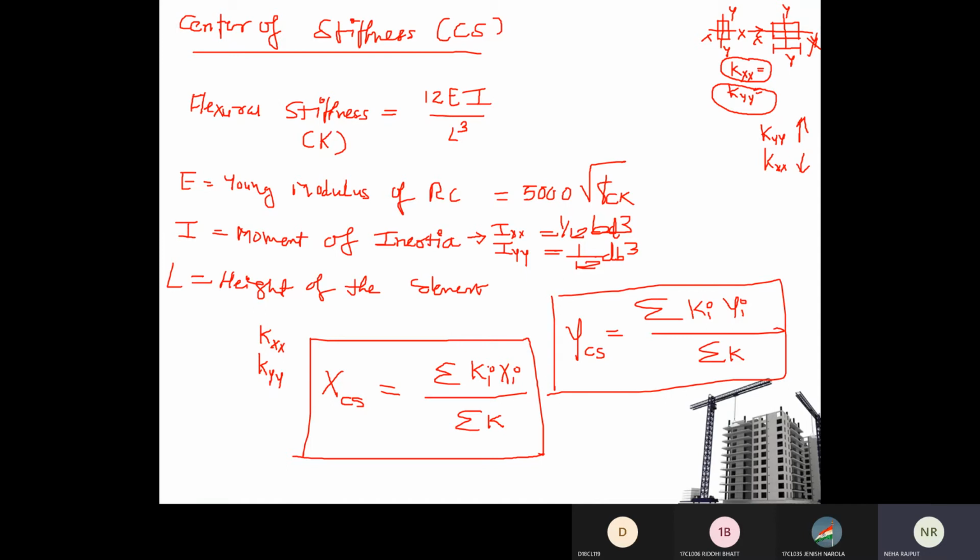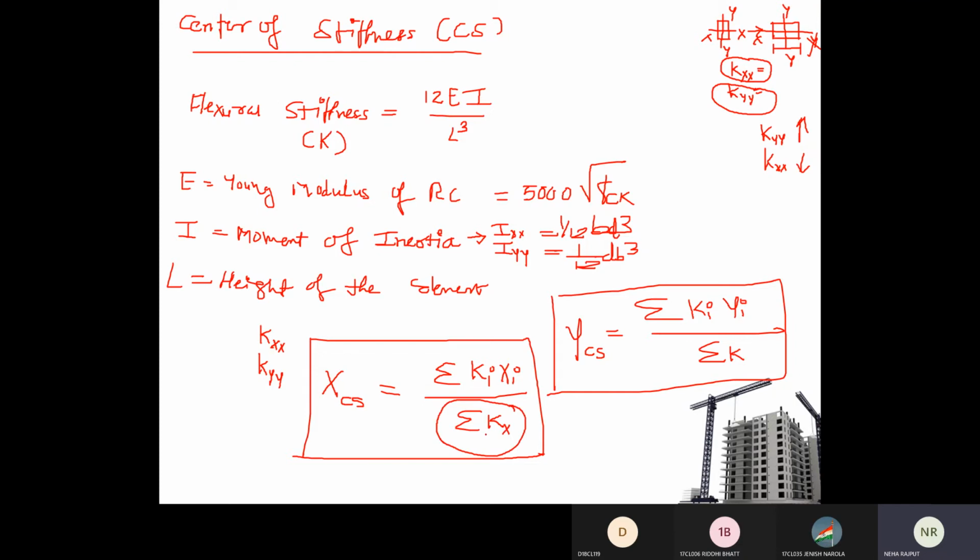The meaning of this statement is, summation means sum of all the vertical elements available in your floor, that stiffness value in x direction, because you are finding x value, and the CG distance of that particular element from the origin, whole divided by total stiffness of the elements in x direction.